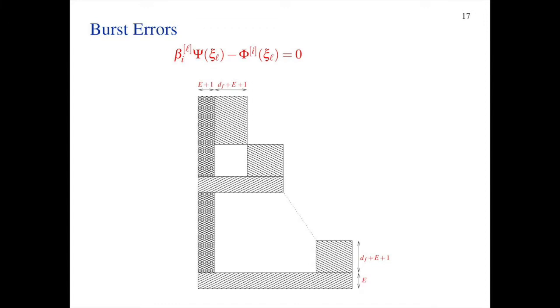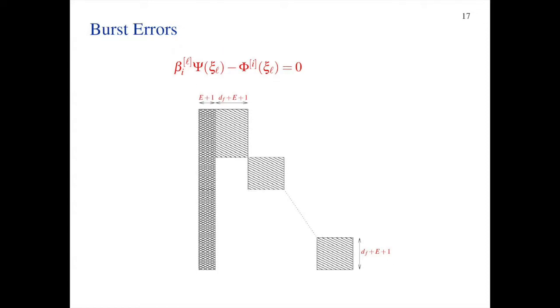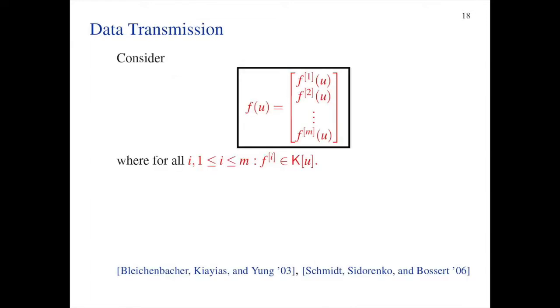What you can do is remove E evaluations from every system except the first one, reducing the size of the system. And what we claim is when you solve the system, you can recover the polynomial vector.